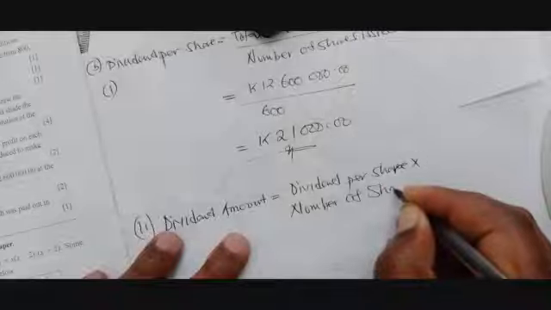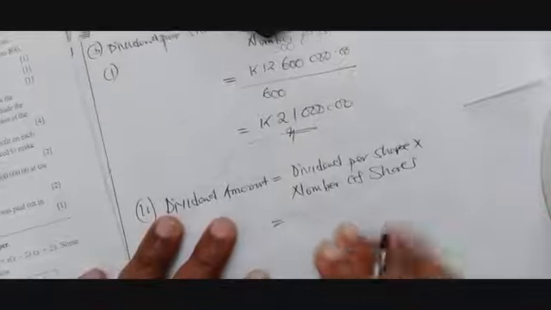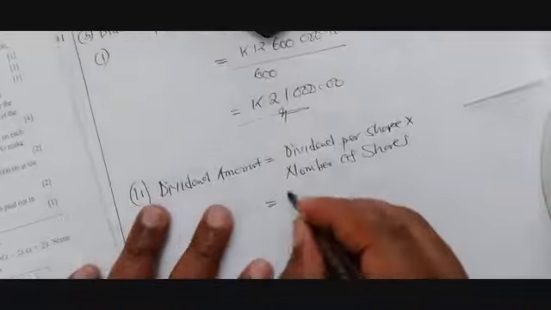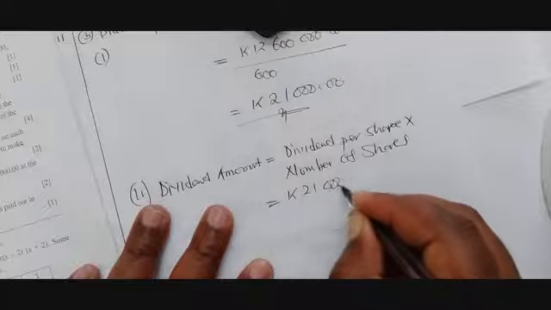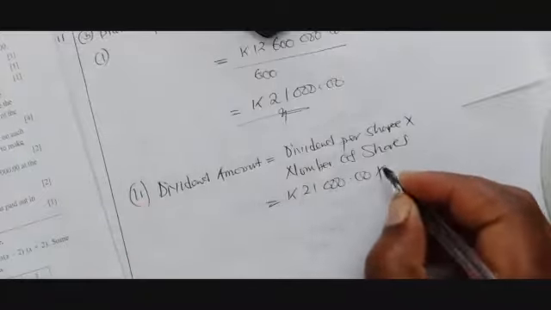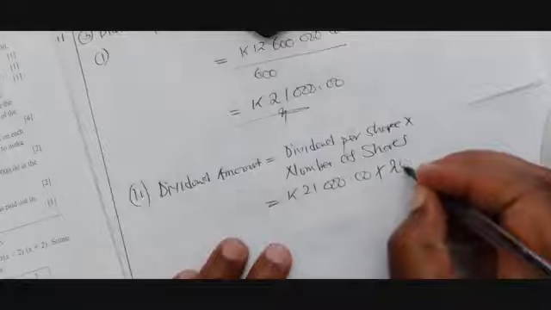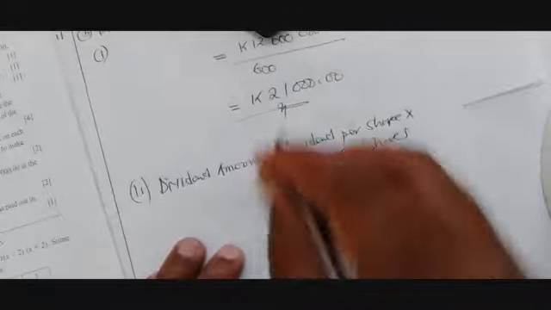Right? Now, what is the dividend per share? It is 21,000 kwacha, 0 ngwe. How many shares did this person have? 200. All right? Then get your calculator, or just say 2 by that is 2.